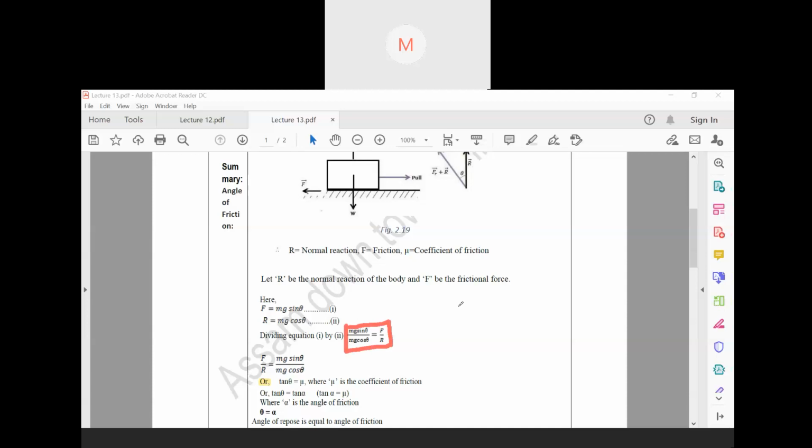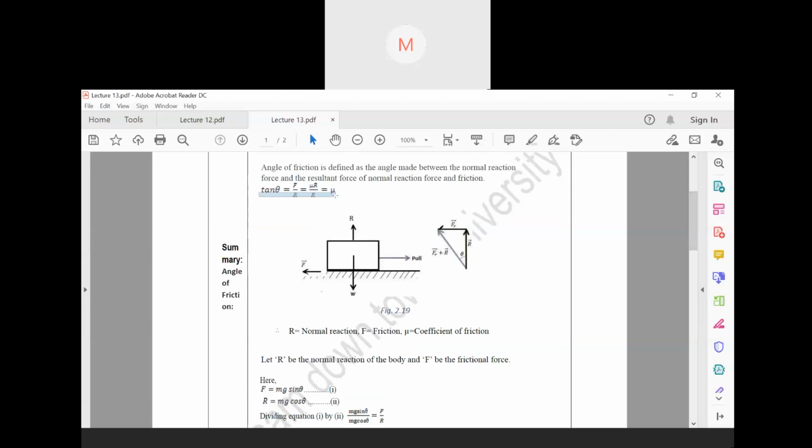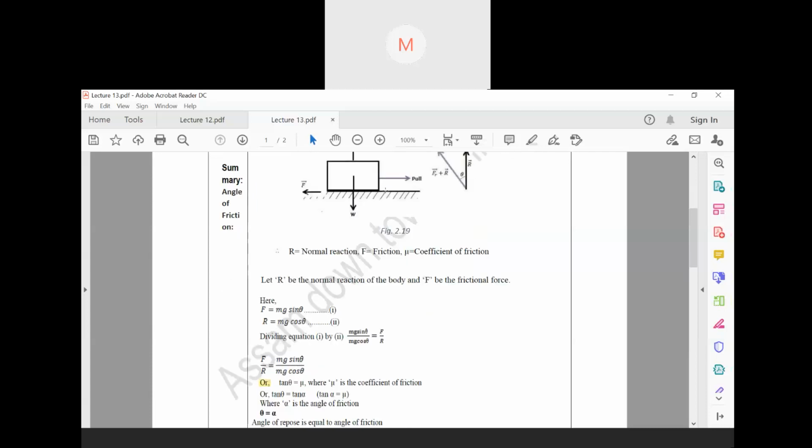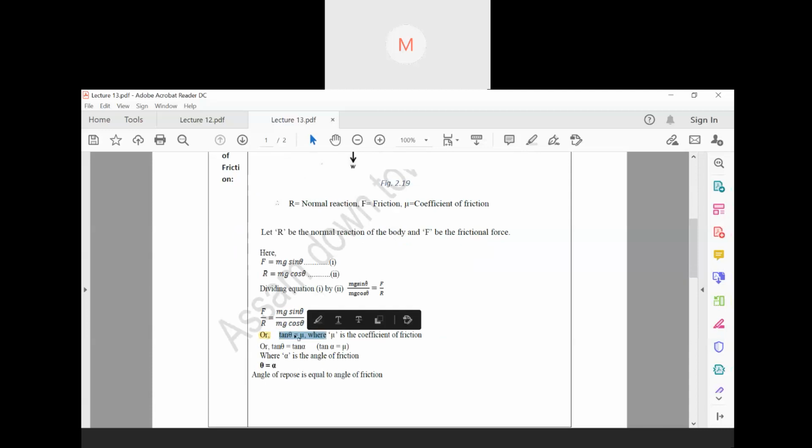But we know from the previous relationship that tan theta equals mu. So tan theta is equal to mu, or tan alpha equal to mu, where alpha is the angle of friction and theta is the angle of repose. Therefore, angle of repose is equal to angle of friction. That's it.